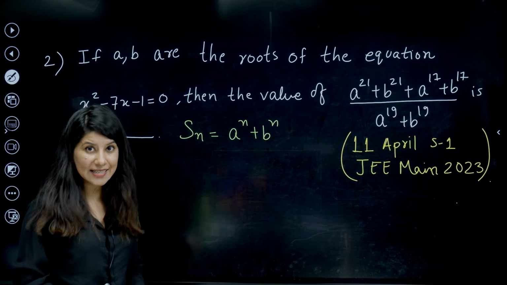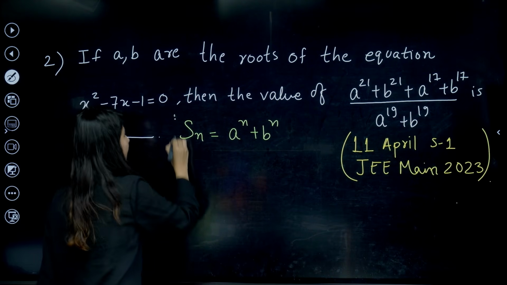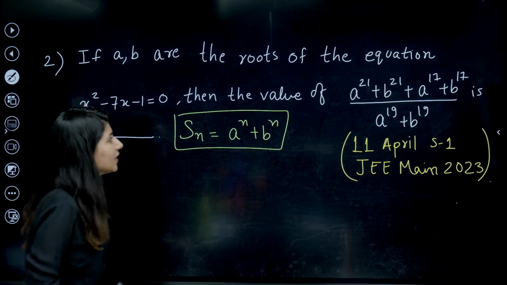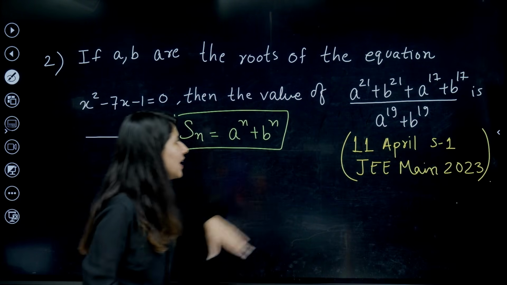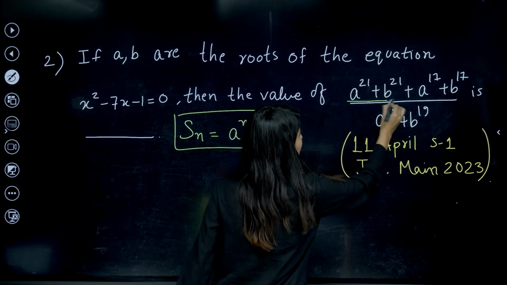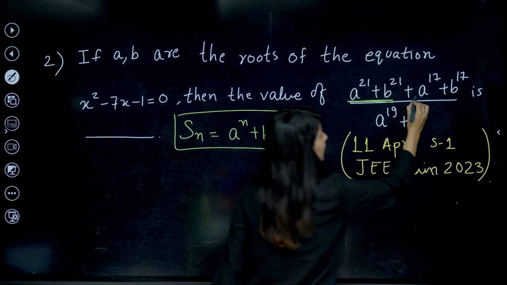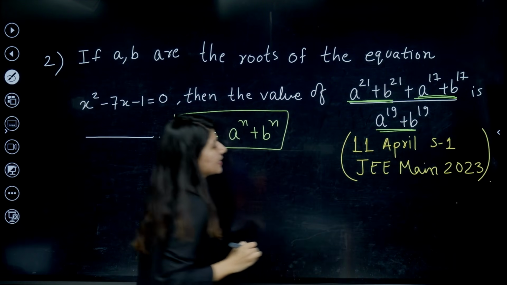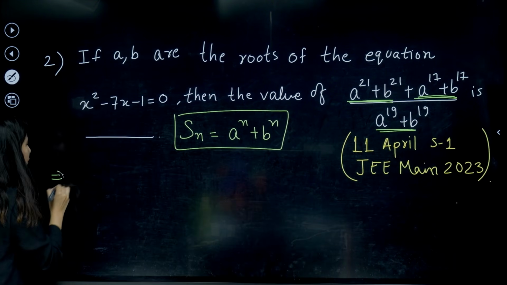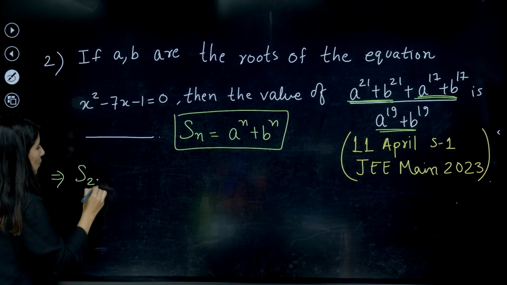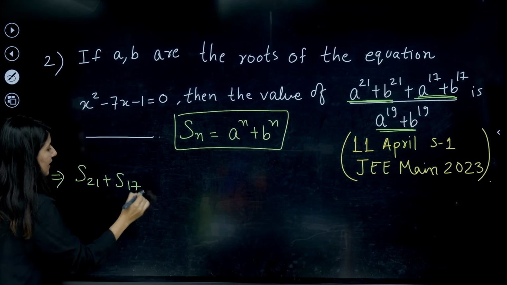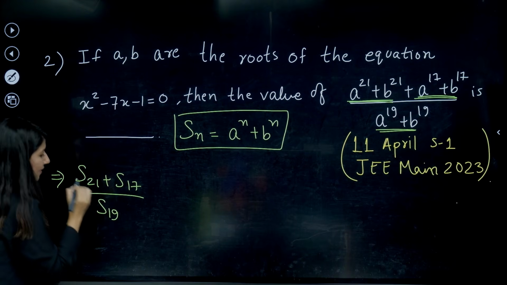Okay, so this is your Sn. And what you want to figure out is this expression: this will be your S21, this will be your S17, and this is S19. So you are here to figure out the value of (S21 plus S17) upon S19.